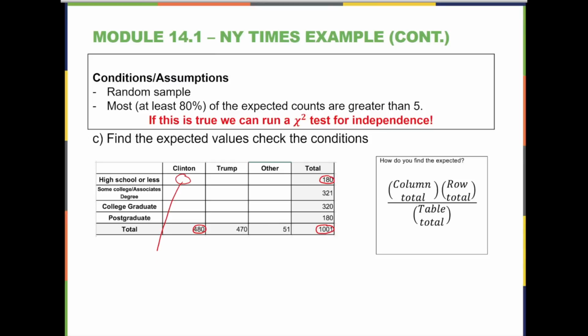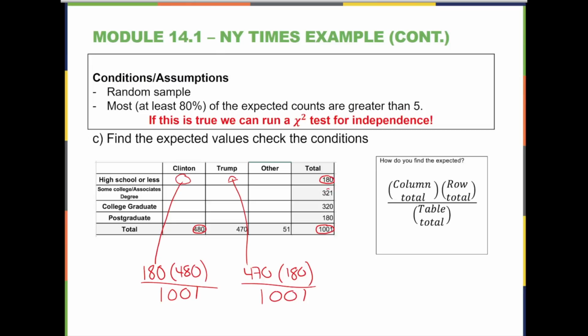And that would give me this box right here. Next, to find this, I would need to do 470 times 180 and divide by the table total, which is 1001. And I would do that for each box to find the expected number of votes each candidate would get for each group.